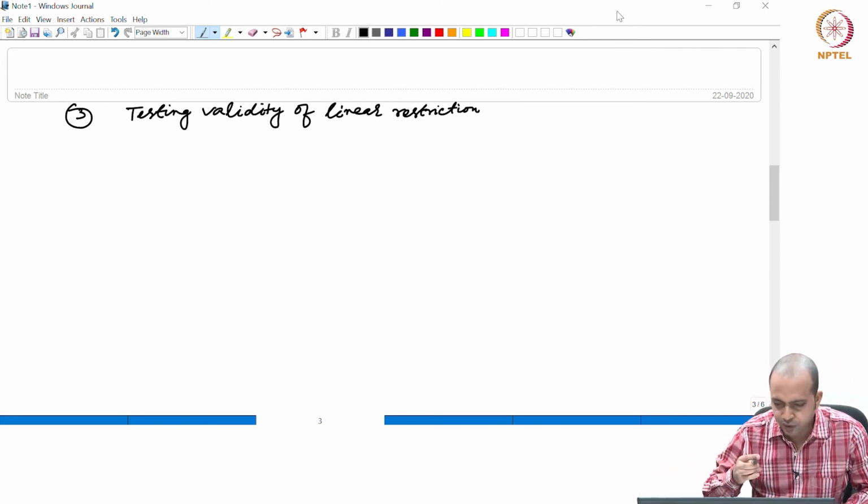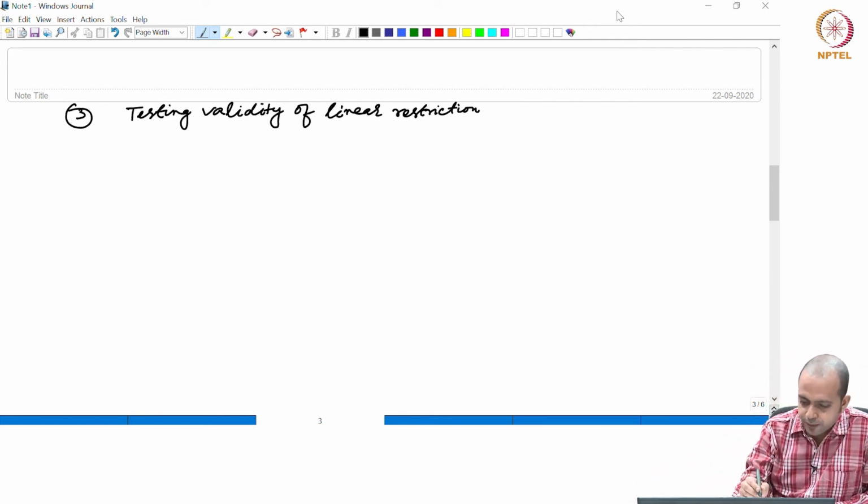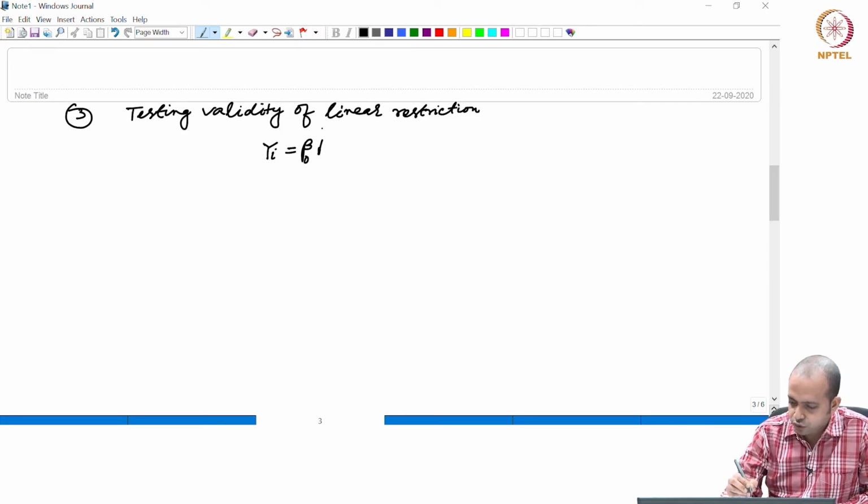The production function we were discussing was yi equals to beta 0 into x1i to the power beta 1, then x2i to the power beta 2 into e to the power ui. Okay.